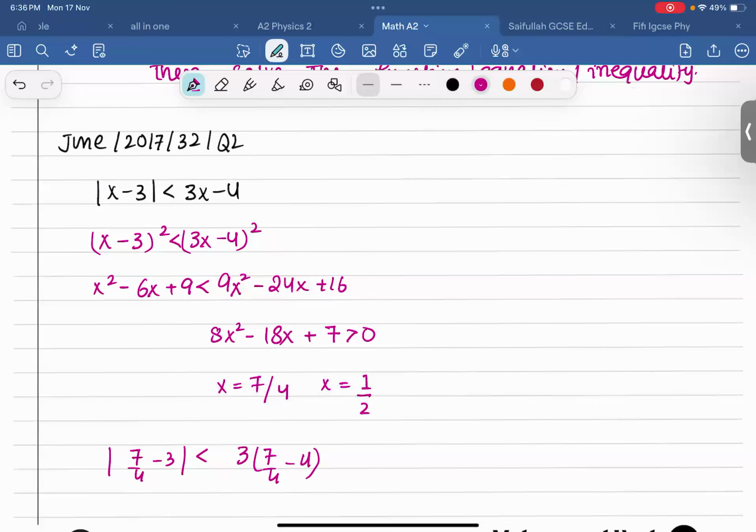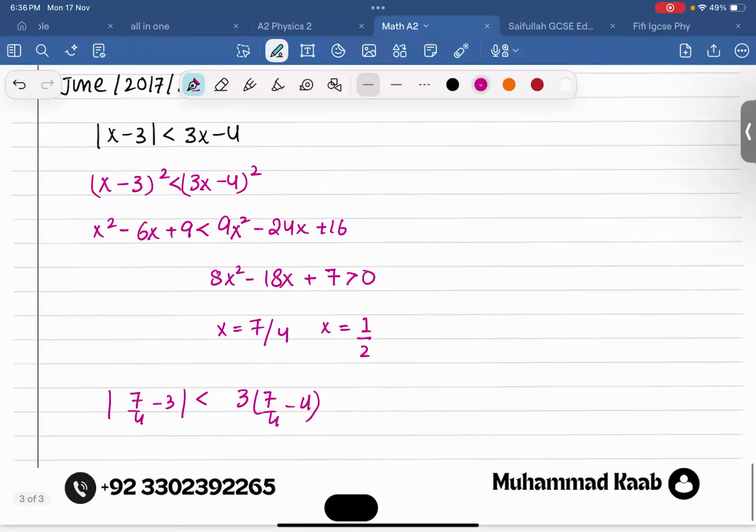So 7 over 4 minus 3 gives me negative 5 over 4, but the modulus makes it positive, and 21 over 4 minus 4, so I'm getting 5 over 4. Sorry, it's 5 over 4 on both. Due to the modulus, you can say that 5 over 4 is less than 3, right? Is it less than 3? Yes. This means that this answer is correct.